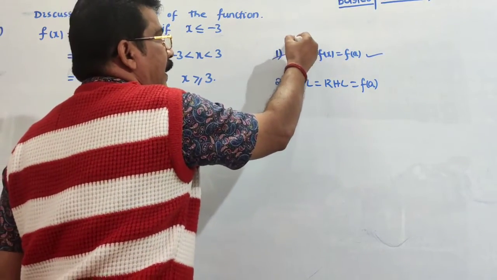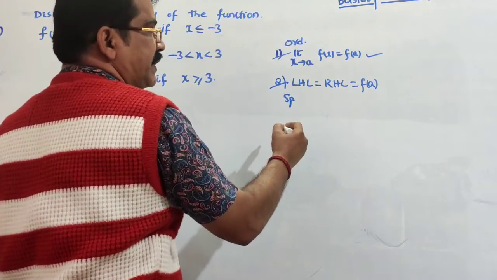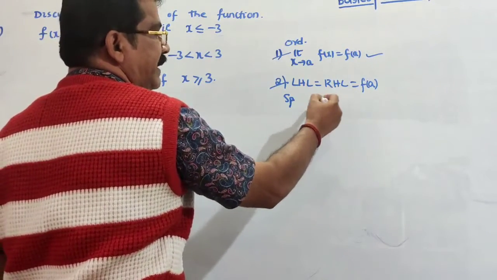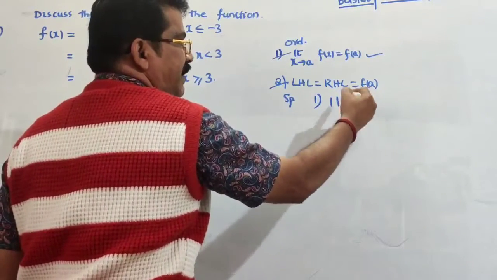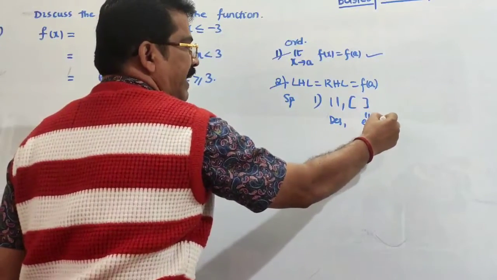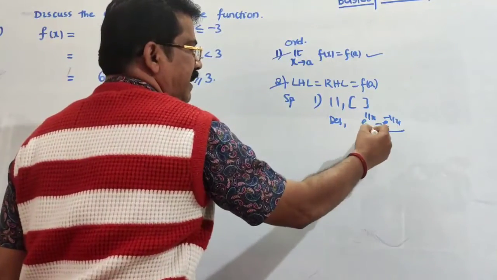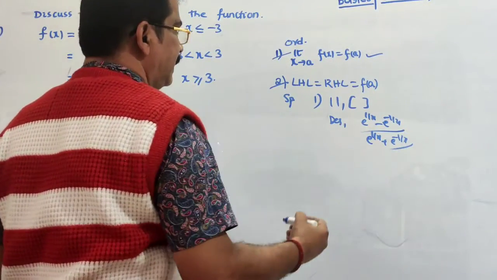But this is for ordinary functions. For special functions, namely number one, modulus function, number two, step function, number three, discrete function, number four, e power 1 by x minus e power minus 1 by x over e power 1 by x plus e power minus 1 by x, just like that.